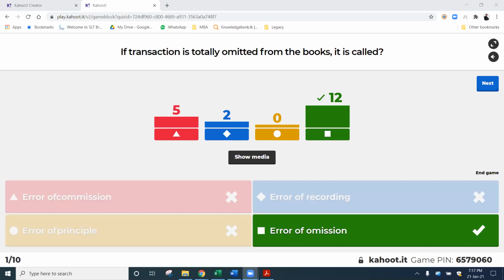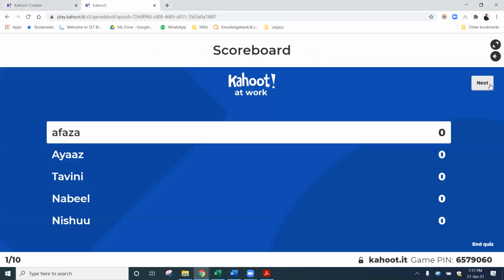So let's move to the next question. Question number 2. Before that, we'll see who got the highest marks. So Faza in top, Ayaz in second, Havini in third. Okay, so let's move to the second question.